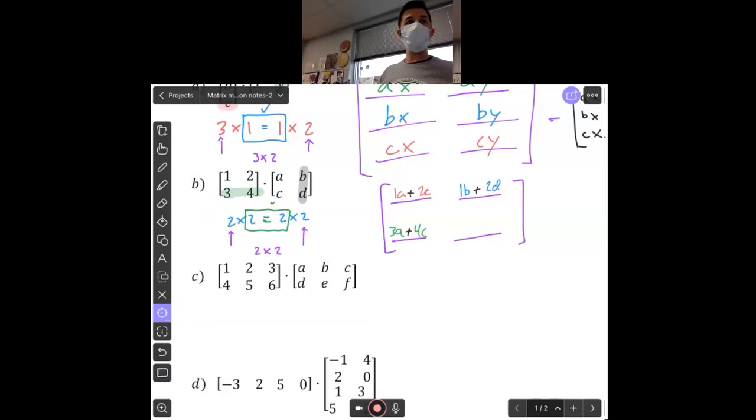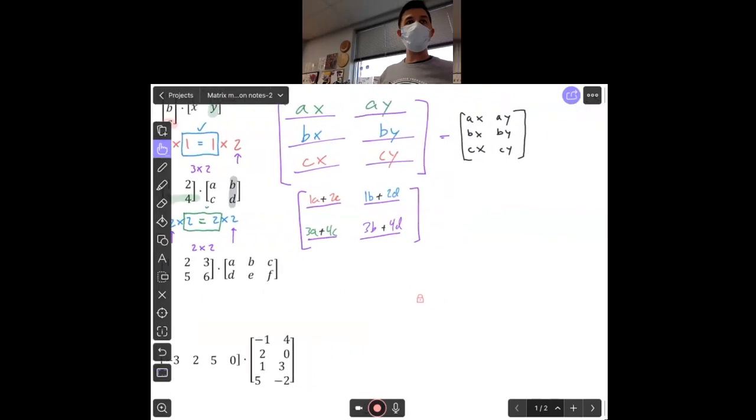Okay? So 3 times B, of course, is 3B. 4 times D, and then you would add those. Again, if those were numbers, you would actually do that addition, and then your answer would be written here, smaller.